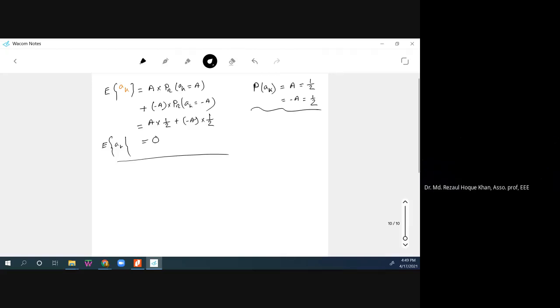Here we have an assumption that AK is IID. IID means independent, identically distributed.